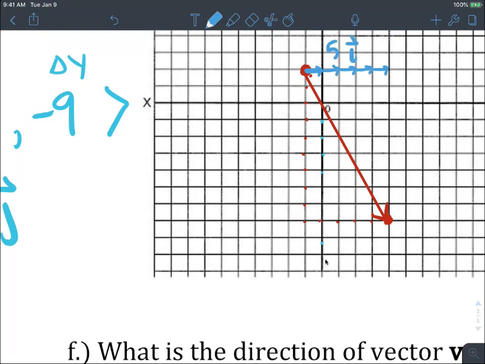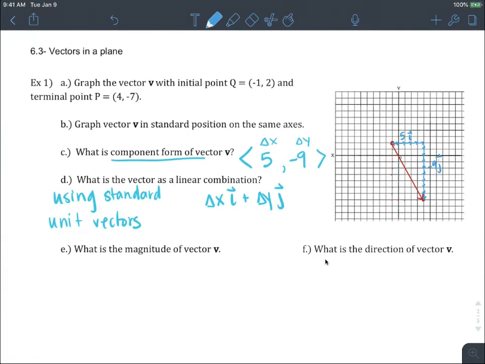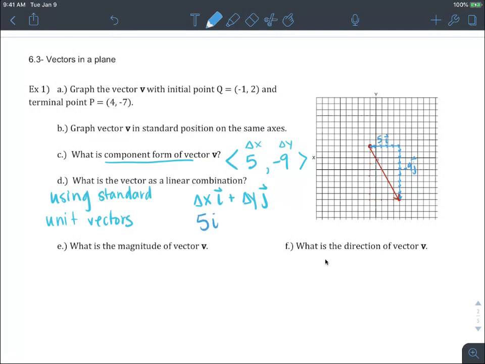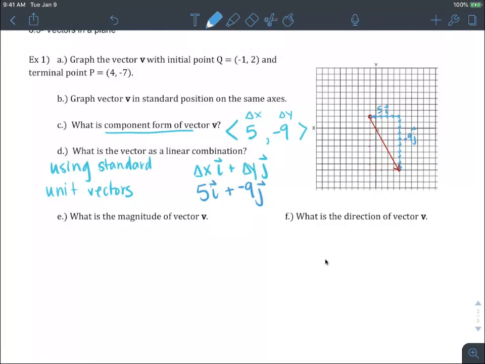So I would have 5i, and in the y direction, 1, 2, 3, up to 9. Since the vector is going downwards, this would be -9 j vectors. Okay, so each j vector is 1 unit. So I'm going to write this as 5i plus -9j, or 5i - 9j.